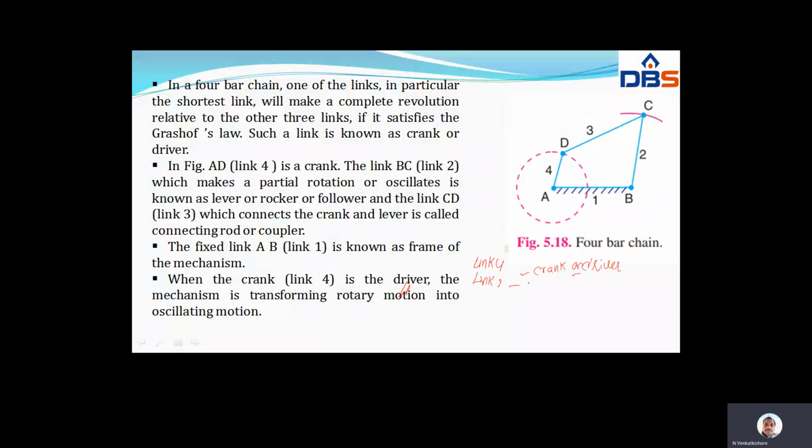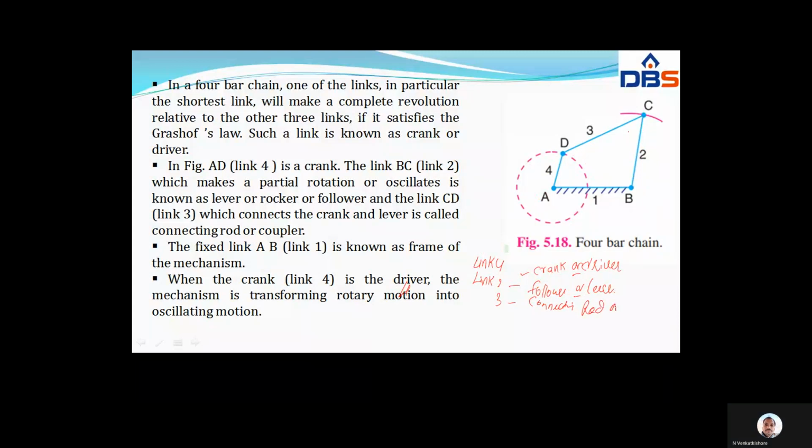Link 2 we call a follower or lever. Link 4 is the crank and link 2 is the lever, and link CD connects the crank and the lever, so it is the crank-to-lever connection. We call it a coupler or connecting rod.